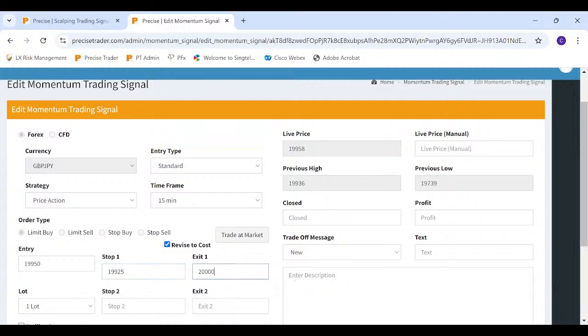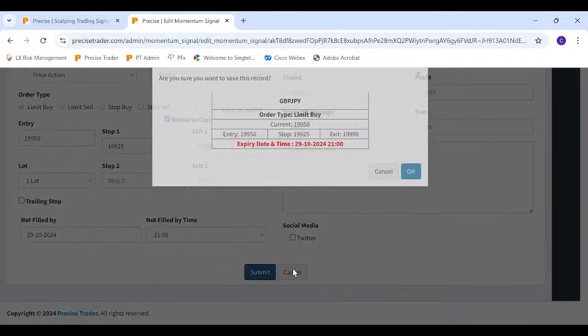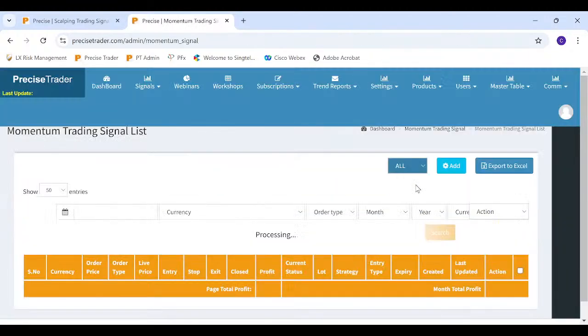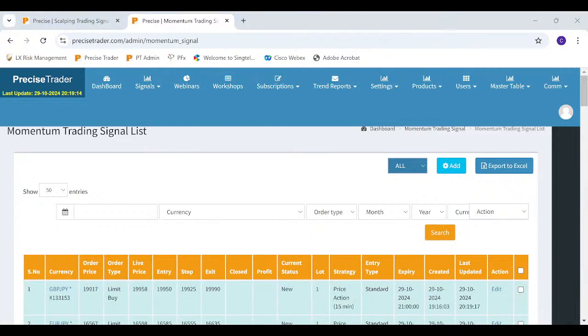Since we are entering late, we will see whether we can put our TP. Maybe we'll put a TP at 99.90, 40 pips. So this would be also another trade which we can look into.